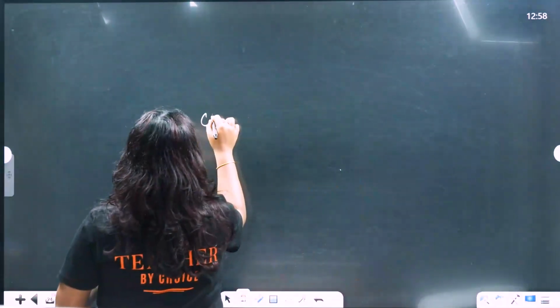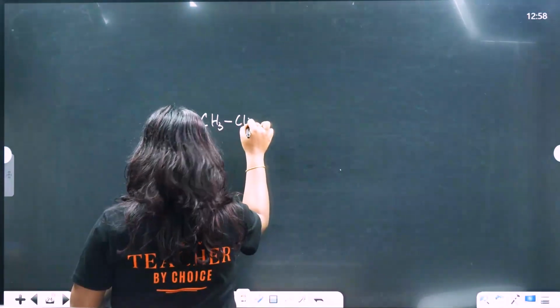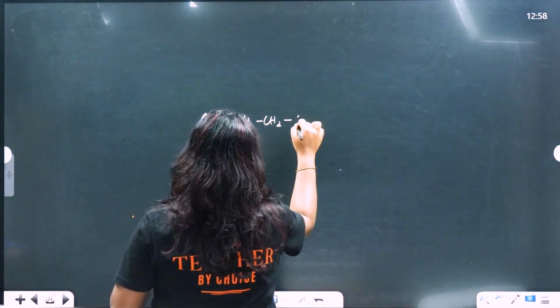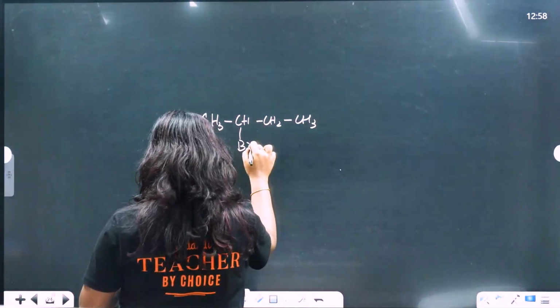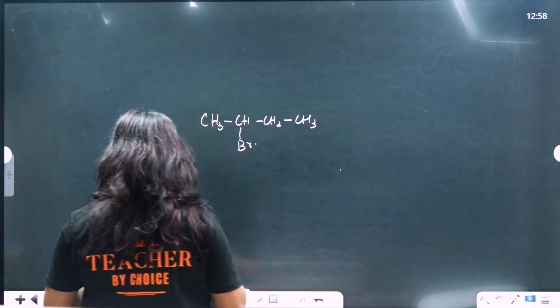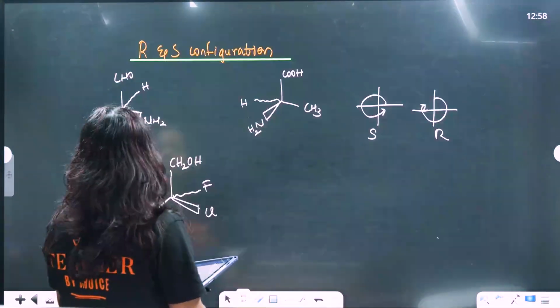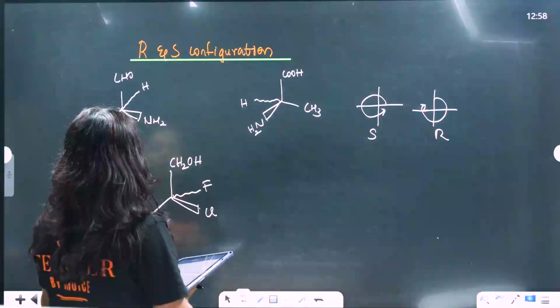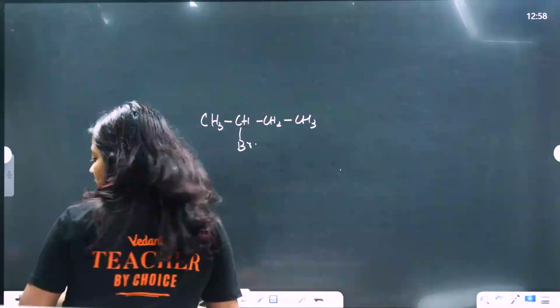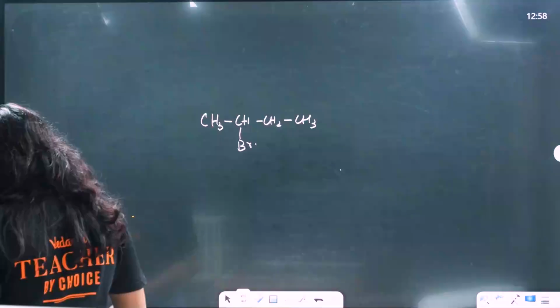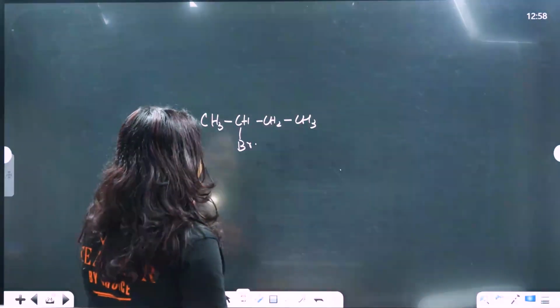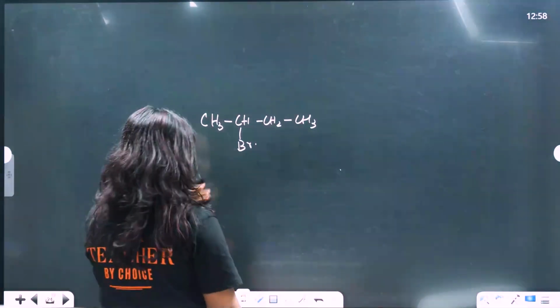CH3, CH, CH2, CH3, and they are asking you to find the number of chiral centers in this.